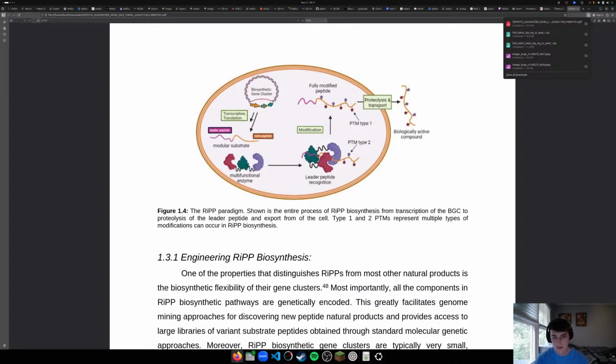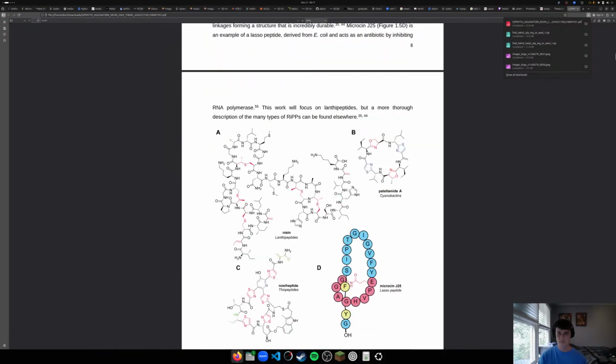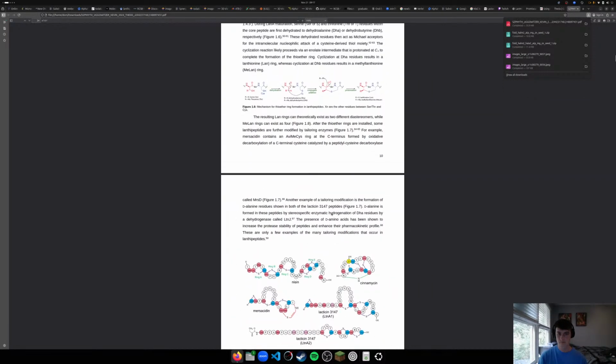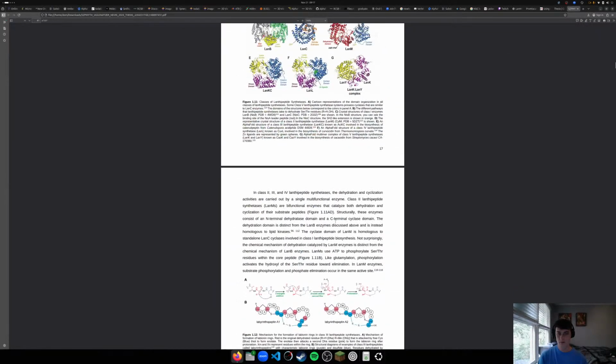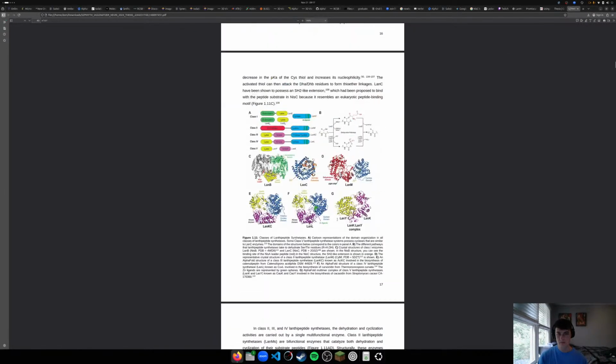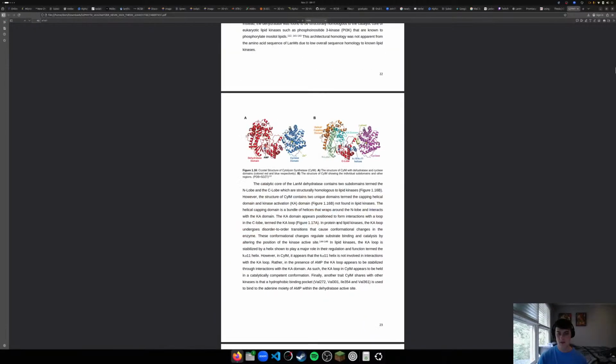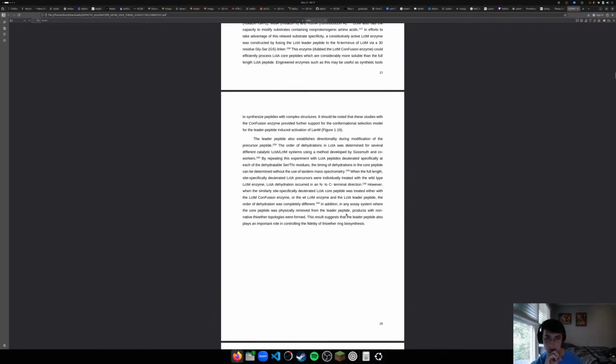RiPP biosynthesis. Oh, that's nice. It's not the image I'm looking for specifically, though.